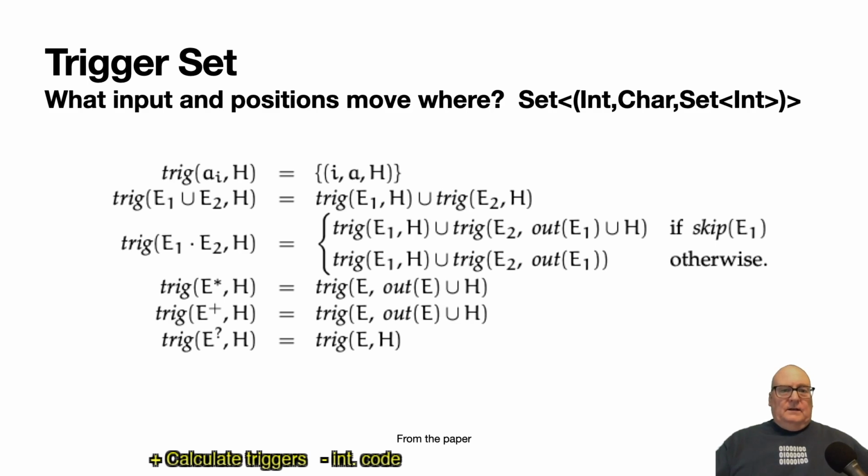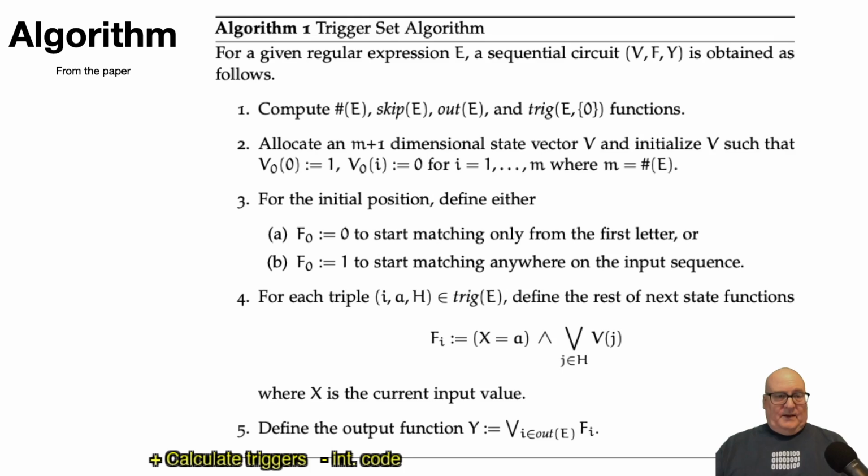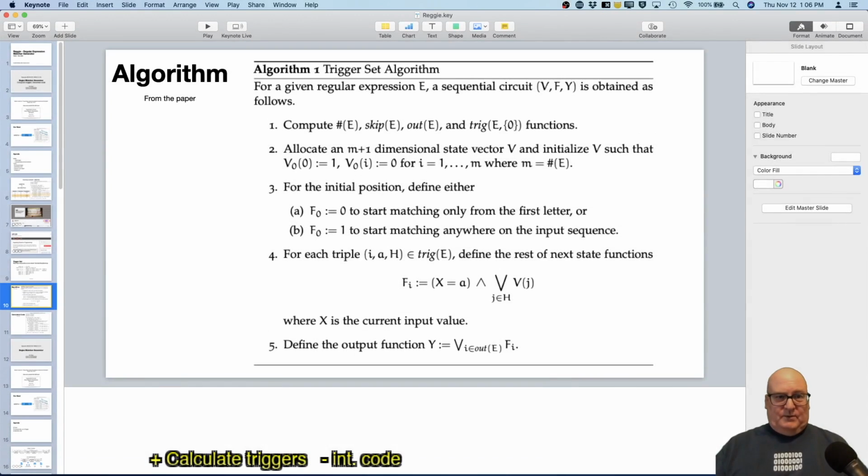And we'll just work our way through just like we did with the other functions, and compute this set. Once we have the set, it's exactly what you need for code generation, and we will generate code. Okay, and yeah, the algorithm we'll get back to later.